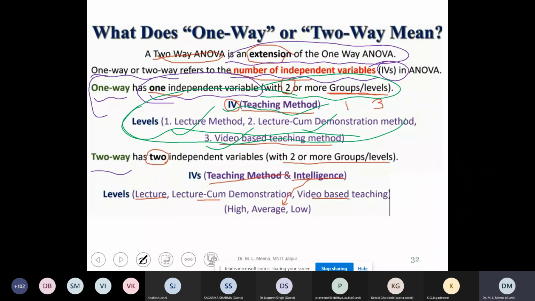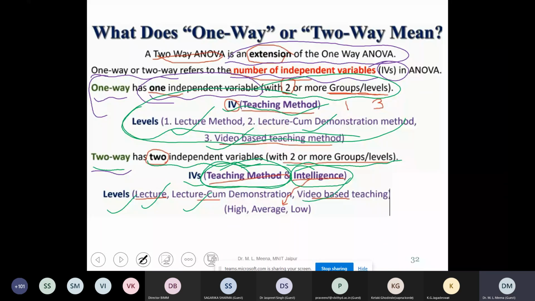Now two-way ANOVA has two independent variables with two or more groups or levels. So in this case, two independent variables: first is teaching method and second is intelligence. Teaching method also has three levels: lecture, lecture cum demonstration, and video based teaching.